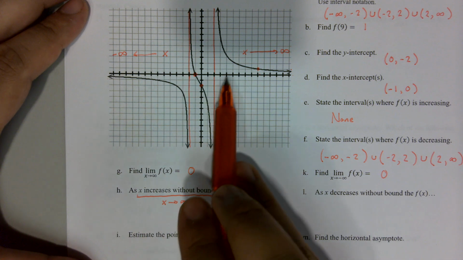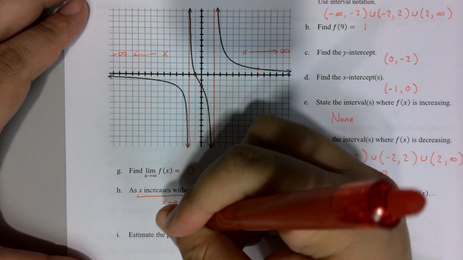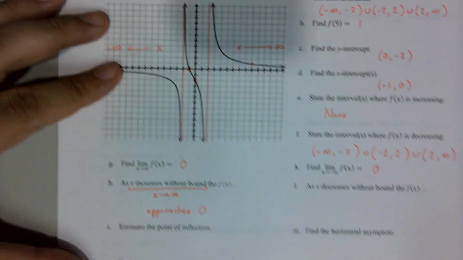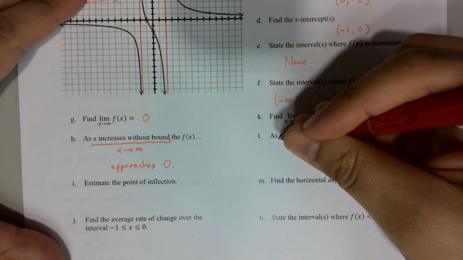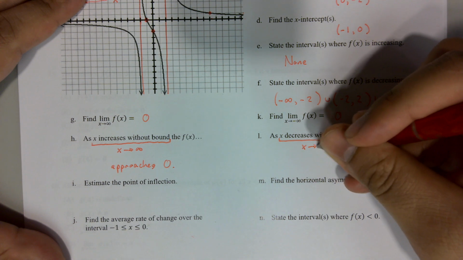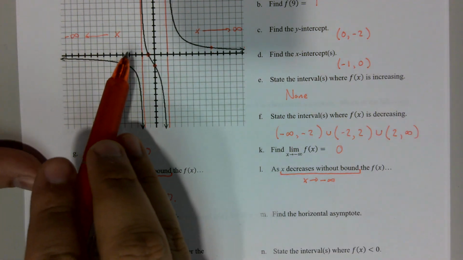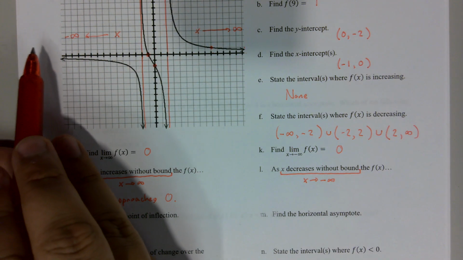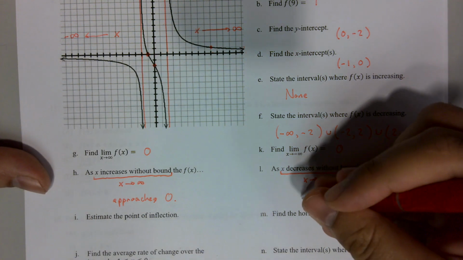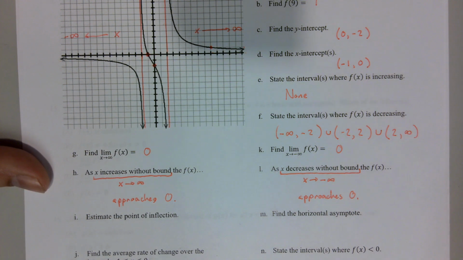So what is our function doing as x goes towards positive infinity? It approaches 0. And what about over here? As x decreases without bound, that means as x goes towards negative infinity. And what is the y value approaching? Well, we already determined that up here. It also approaches 0.